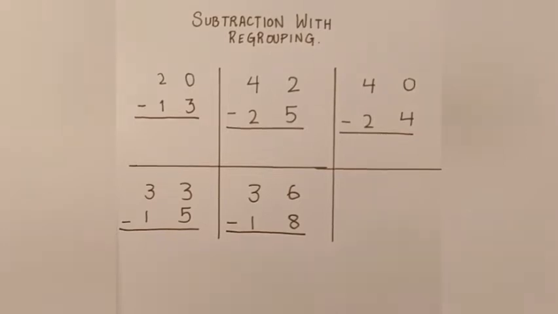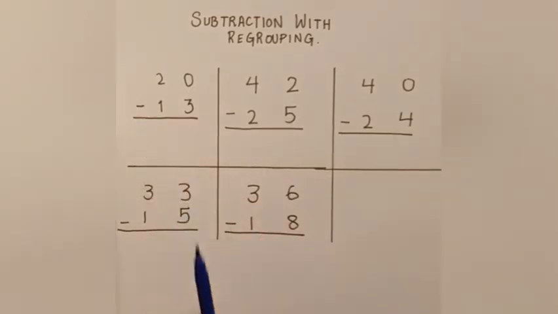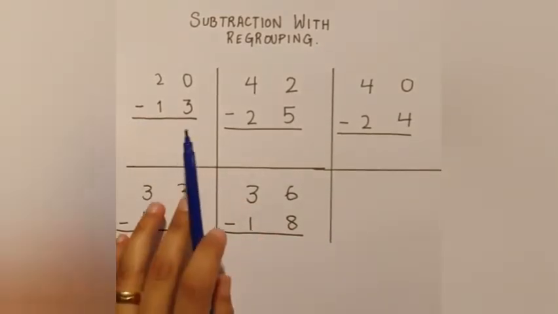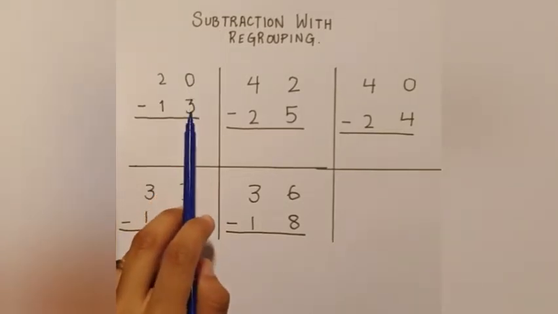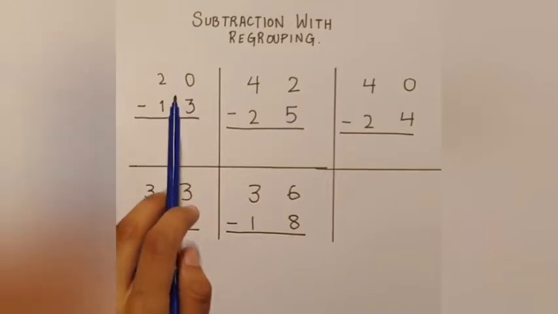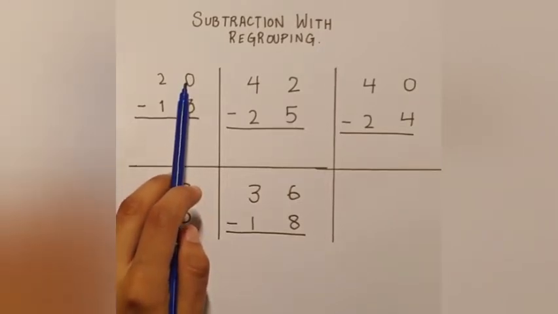Now, let's start with the first question. Our first question here is 20 minus 13. Look at the ones first. I have a 0 on top and 3 at the bottom, and 0 is the smaller number.